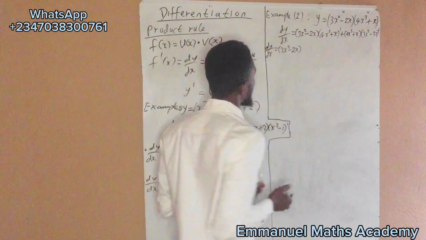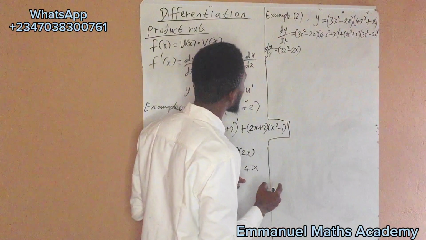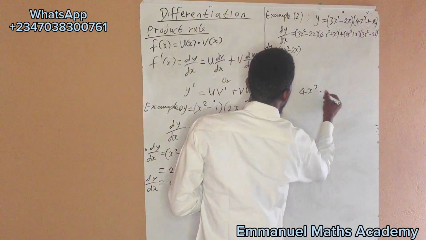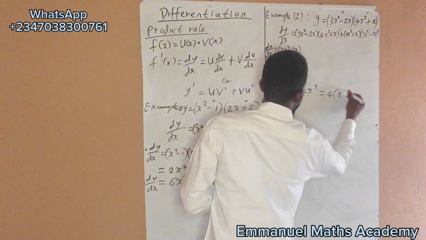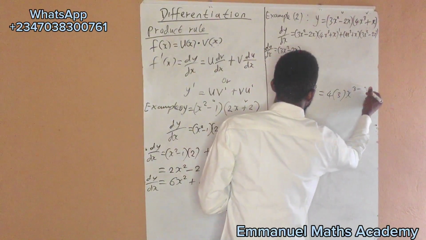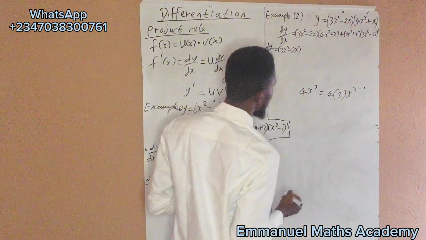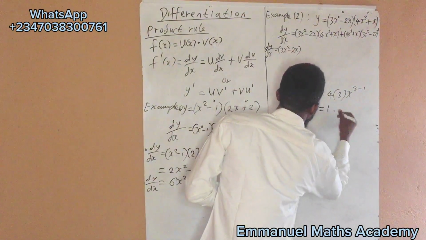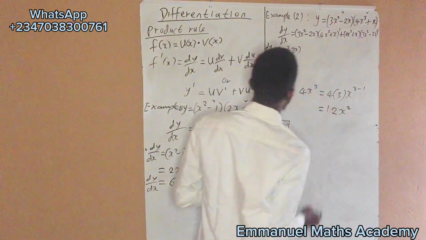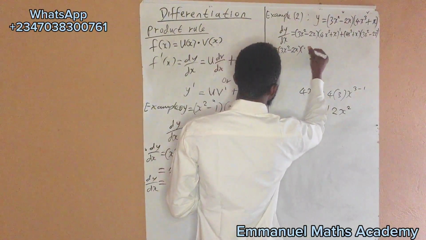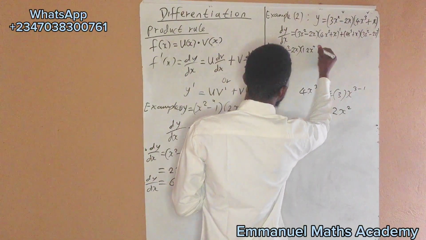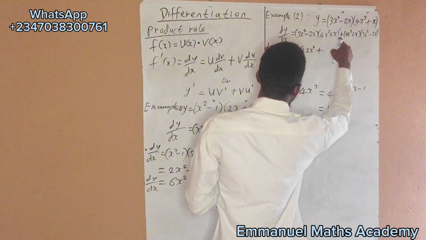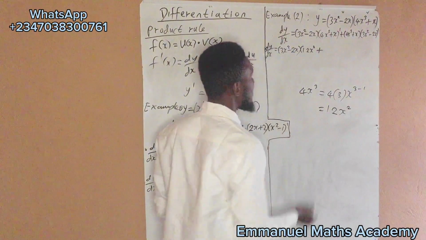When you differentiate 4x power 3, what do you get? 4 times 3x, 3 minus 1, right? Which is equal to what? 12x power 2. We write down 12x power 2 plus, when you differentiate this x, you get what? You get 1.